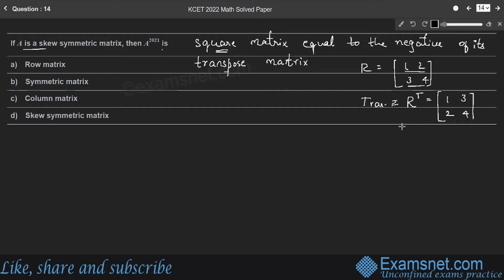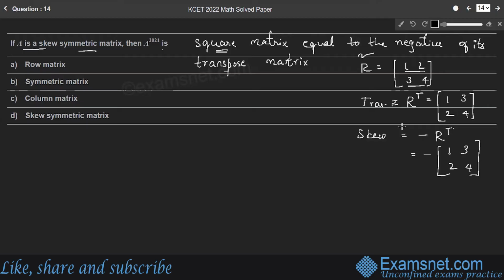This is the transpose of R. The skew symmetric matrix of R becomes the negative of the transpose of R, minus R T, which is minus of [[1, 3], [2, 4]]. The negative of its transpose matrix is called a skew symmetric matrix.